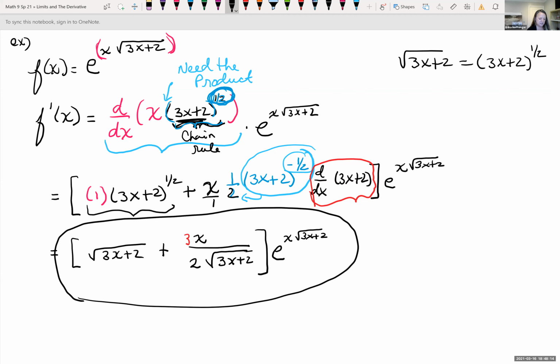So there's the derivative of f of x. You can see where you need to know all these different rules and be able to put them all together, like the product rule, the quotient rule, the chain rule, and derivatives of e.